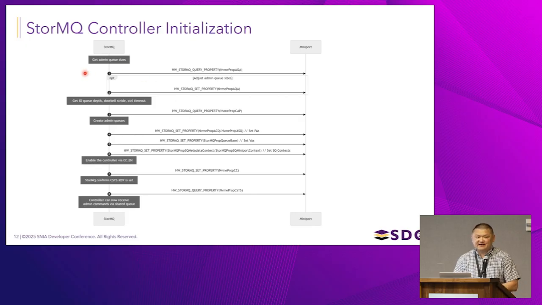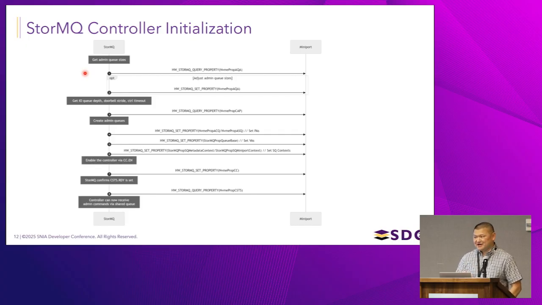The first thing done as part of initializing a controller is to get information about the admin queue size. This will be done through query and set property calls.